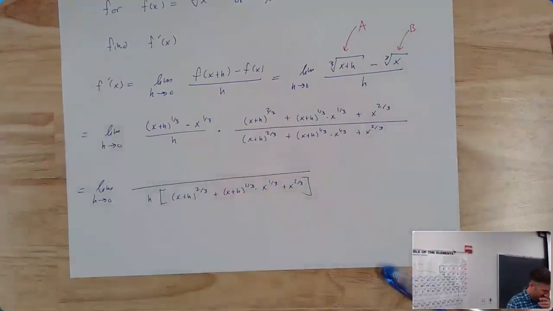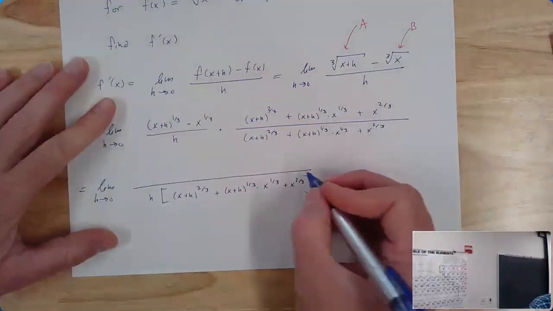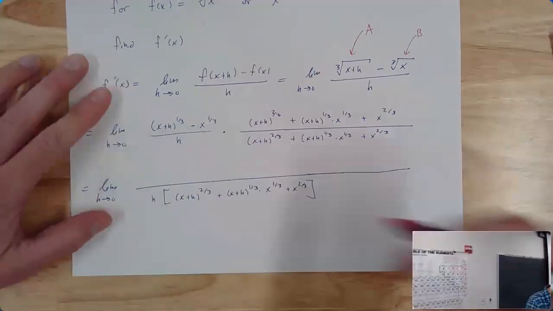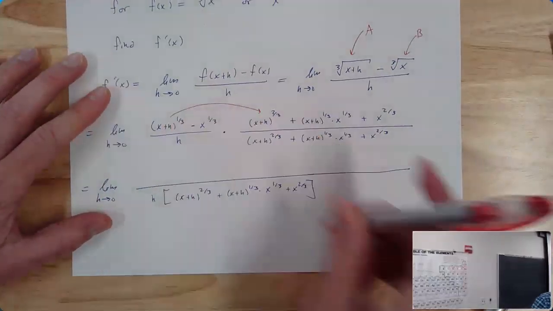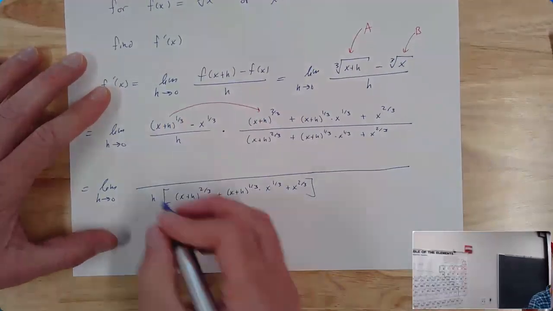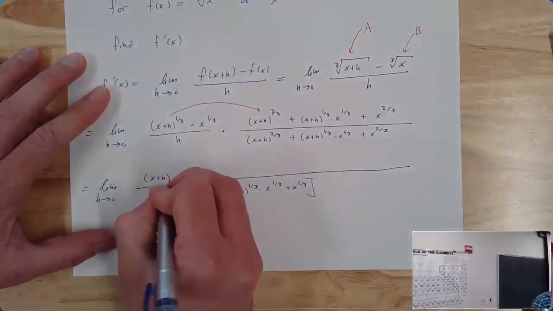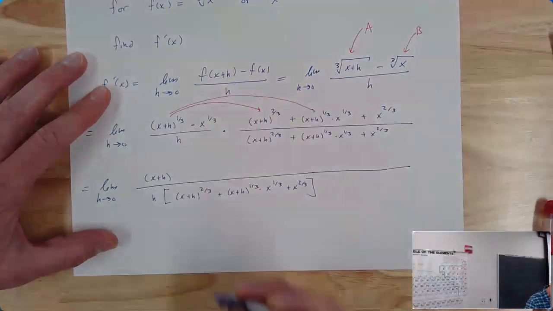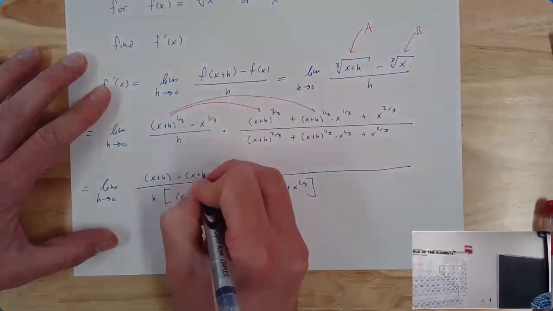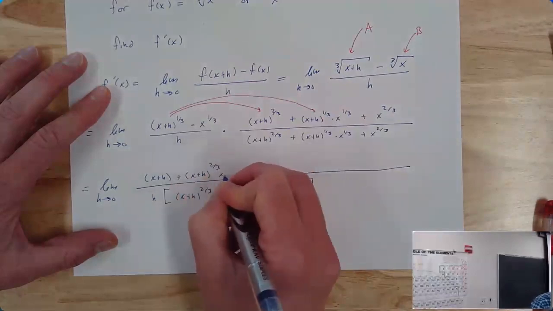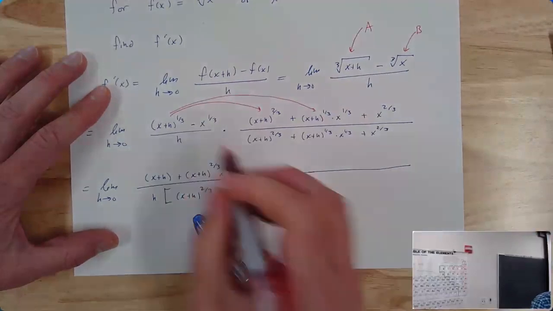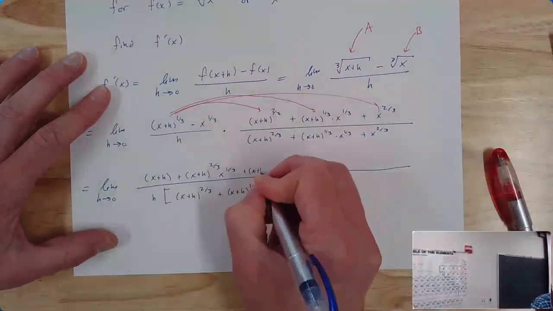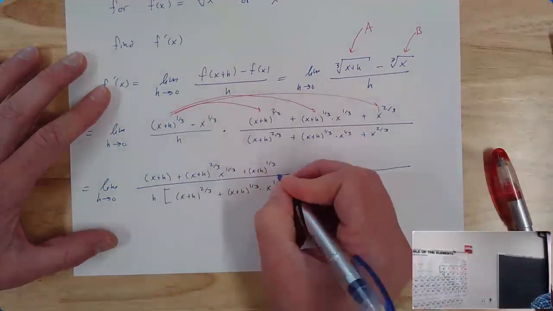Okay, on top, let us actually do the work of distributing it. This times that is going to give you an x plus h to the 3/3, which is just x plus h. And then this times this is going to give us an x plus h to the 2/3 times an x to the 1/3. And then times that, you're going to get x plus h to the 1/3 times x to the 2/3.